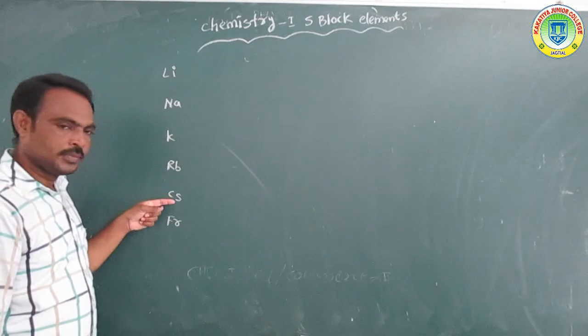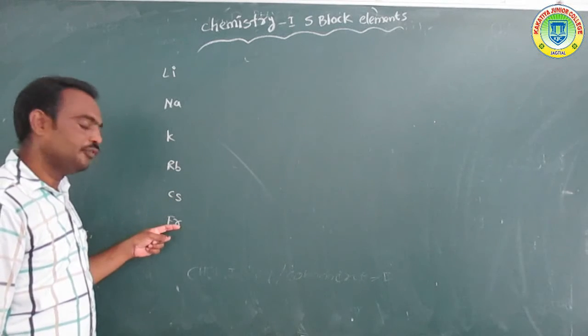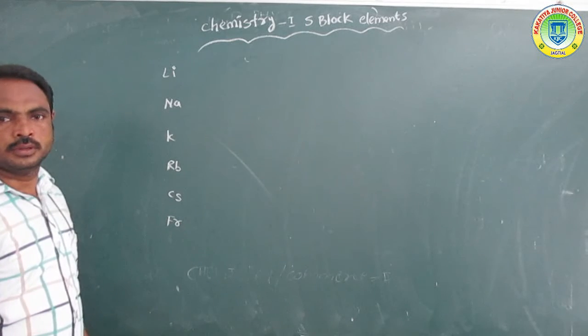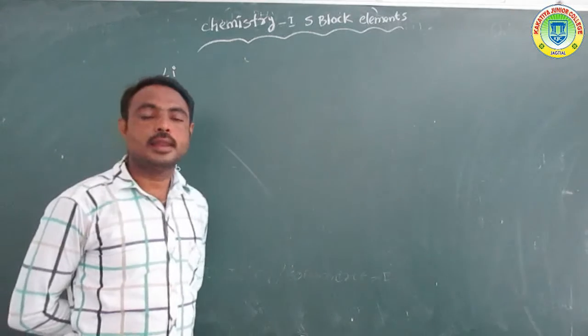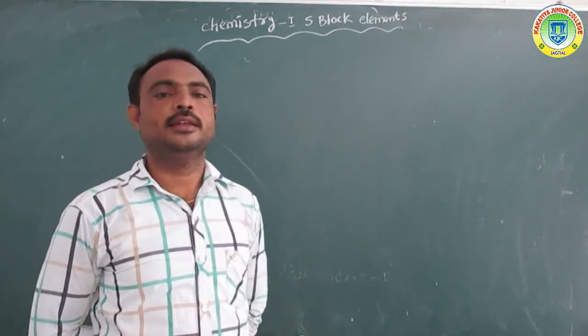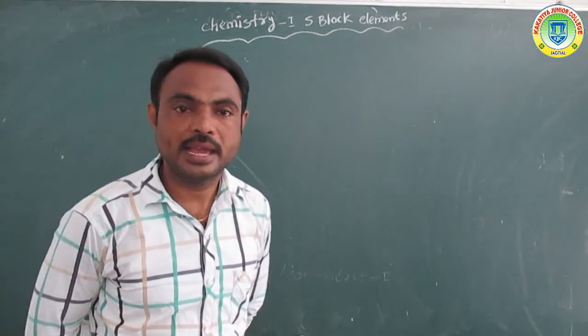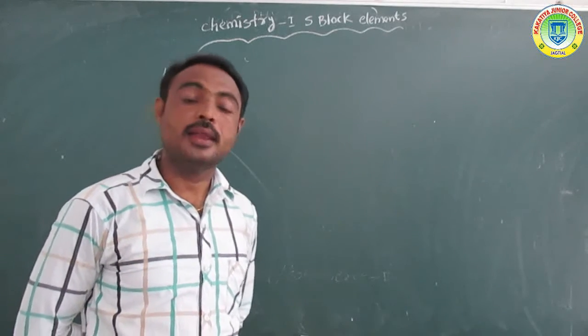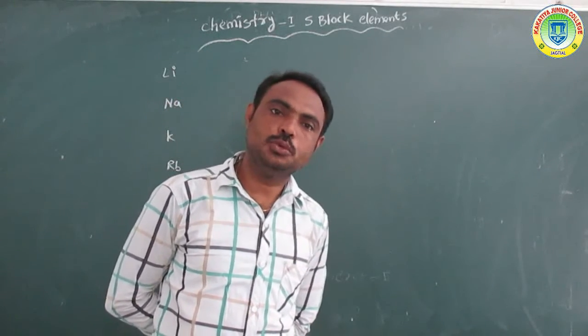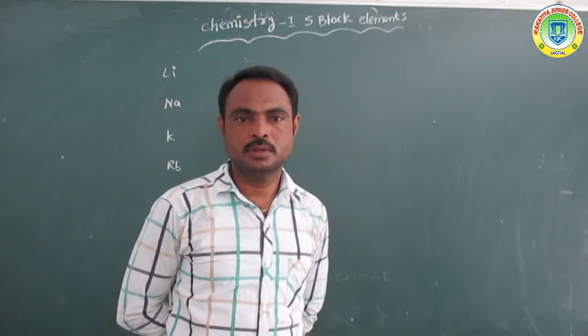Overall, alkali metals contain the ns1 electronic configuration. Already we know that. Alkaline earth metals have the ns2 electronic configuration.